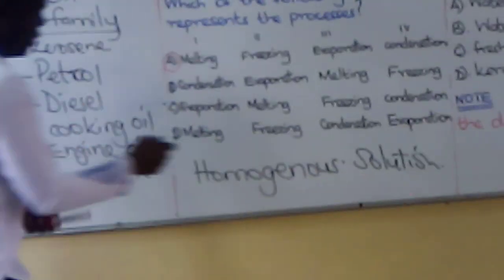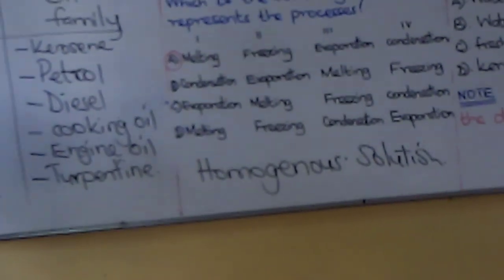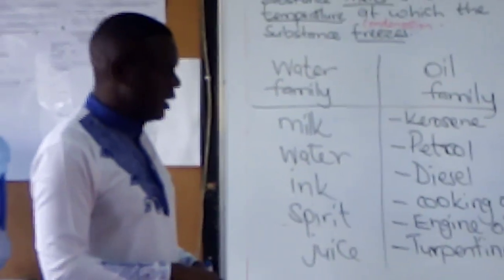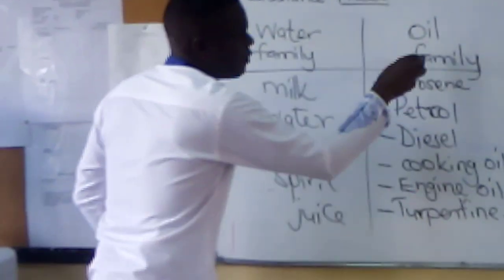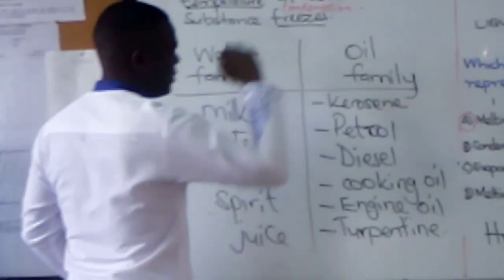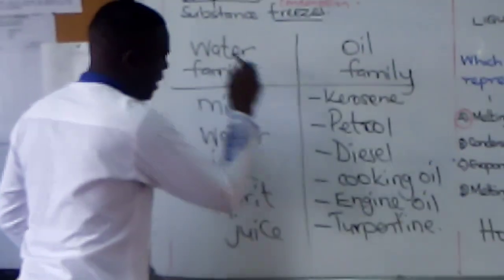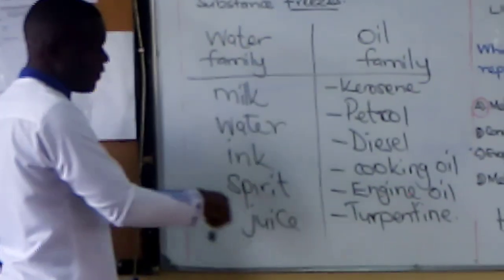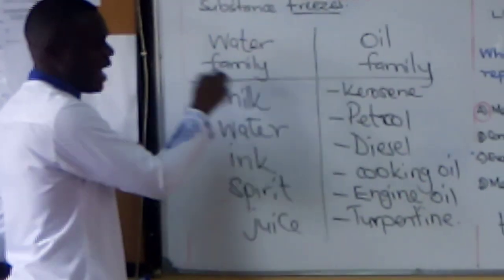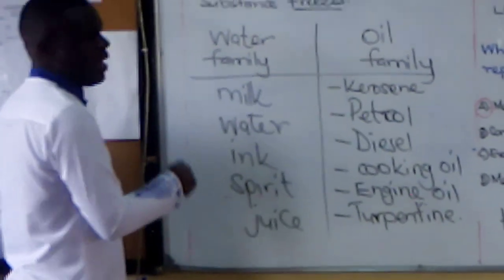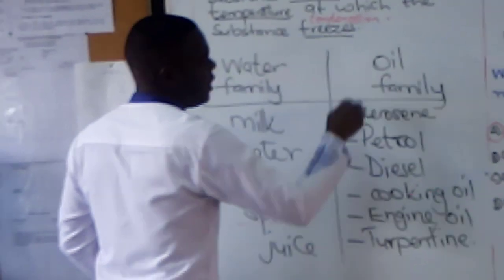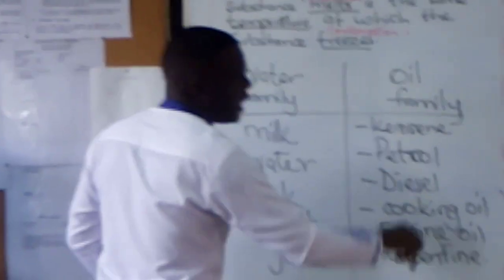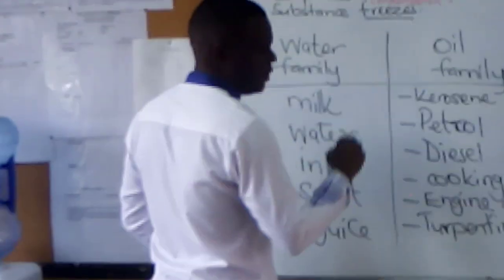This is a solution formed by miscible liquids, as in liquids of the same family. If it is the water family, if they are mixed together they form one solution called a homogeneous solution. If they are liquids of an oil family alone, they are mixed and they form one layer called a homogeneous solution.